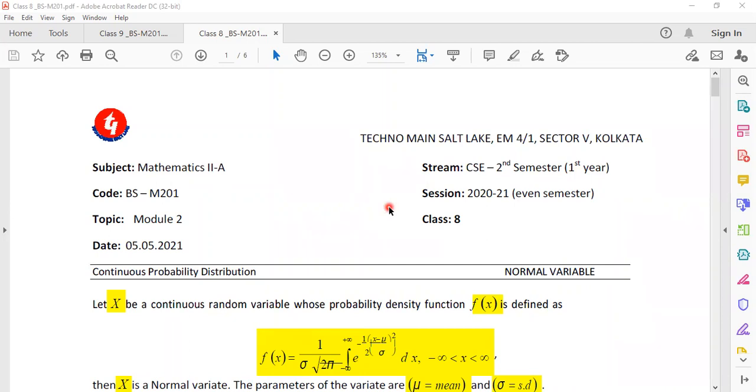We have learned that probability distributions are of two types: one is discrete probability distribution and another is continuous probability distribution. We have also learned that discrete probability distributions can be categorized into different types. Two of those we have learned in our syllabus.